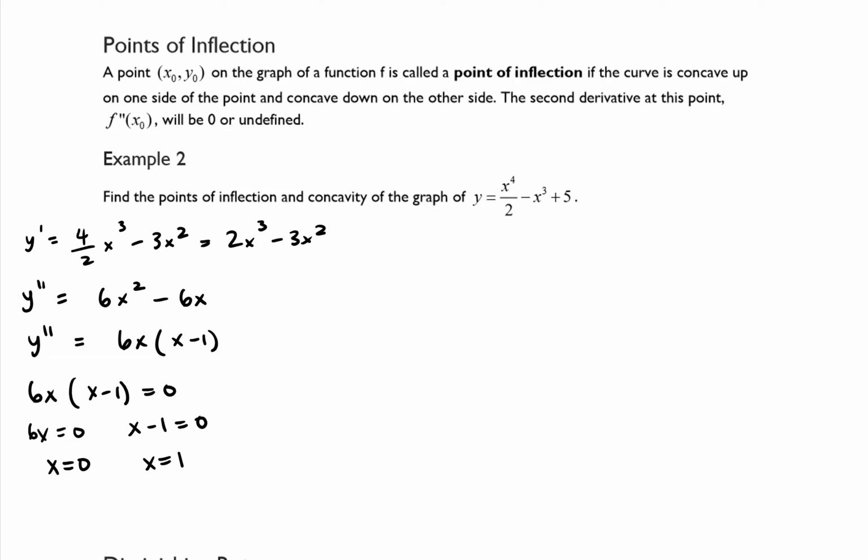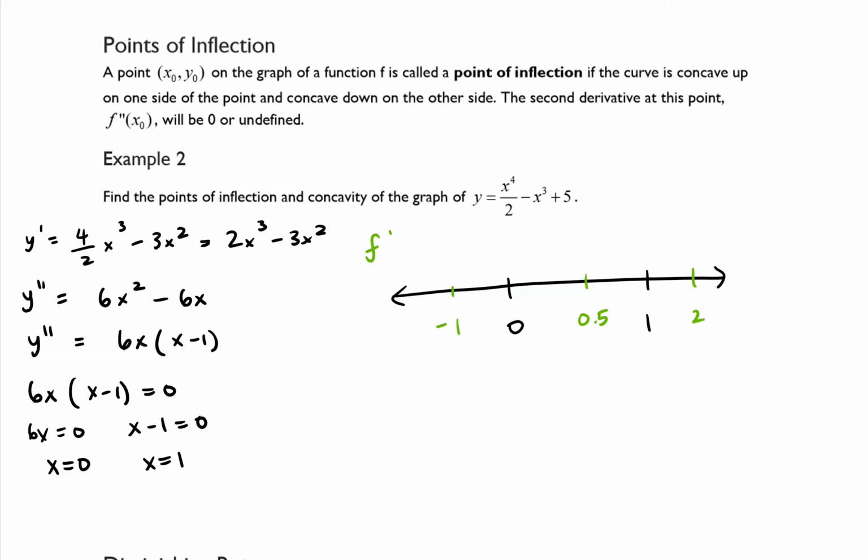And so now we can use another sign chart or sign diagram. And instead of plugging the test numbers into the first derivative, we would plug it into the second derivative. So my test numbers are going to be -1, 0.5, and 2.